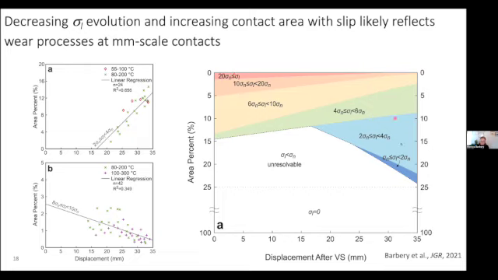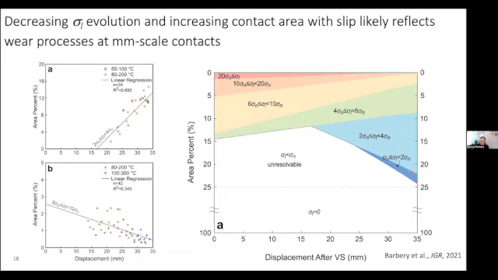And so in the early stages of sliding, only half of the surface is in contact, and those contacts have high local normal stresses. But as sliding increases, there's an increase in contact area, approaching almost the entire ridge area by the end of sliding.